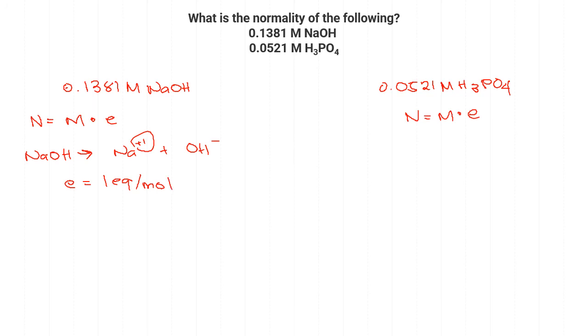On the other hand, for our phosphoric acid, complete dissociation would suggest that we will have 3 units of our hydrogen ion plus 1 unit of our PO4 ion, negative 3. Therefore, the equivalence this time is equal to 3 equivalents per mole. Therefore, now we can calculate for our normality.